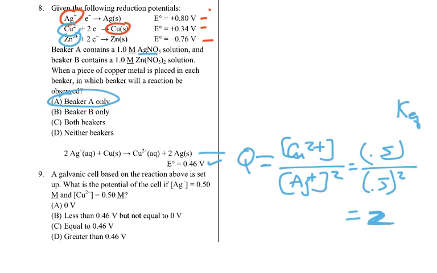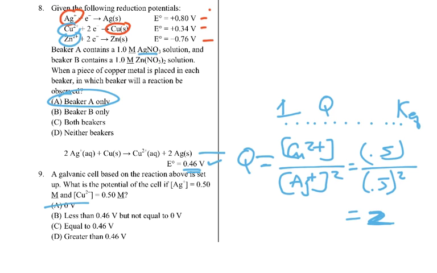So here's 1, the standard cell, and this is 2, so that means that this Q is closer to KEQ, and as the cell runs, the voltage is going to get less and less and less. So we expect to get a voltage that's a little bit less than 0.46 because Q is closer to KEQ.